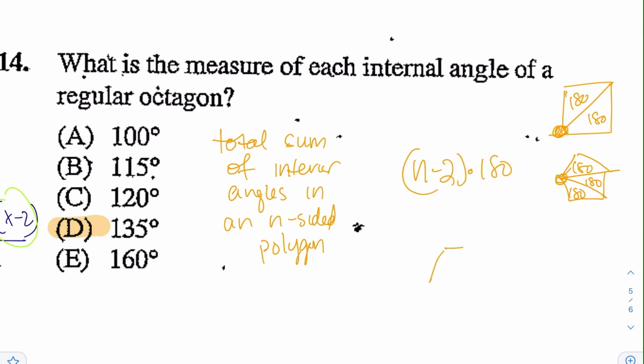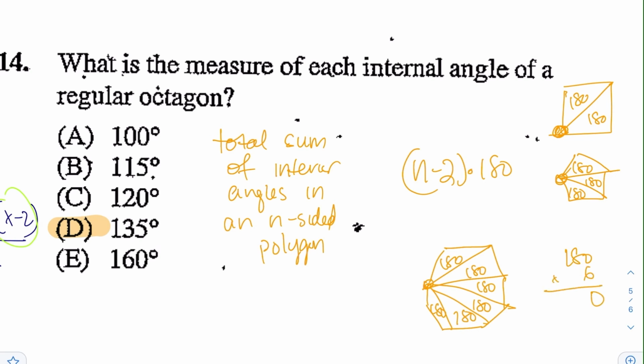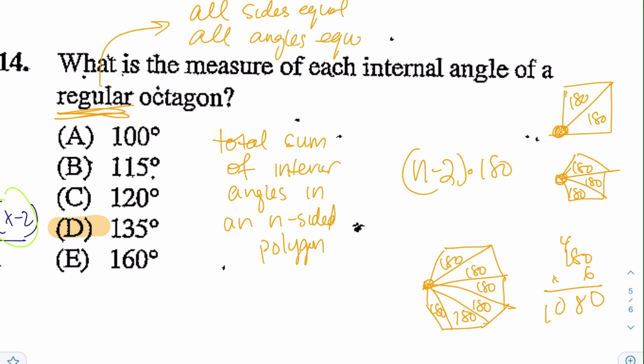So here for a stop sign, which is an octagon, you'll actually form 6 triangles. So 180 times 6, or n minus 2, which is equal to 6 times 180, is 1080. Now, a regular shape means that all sides are equal and that all angles are equal.